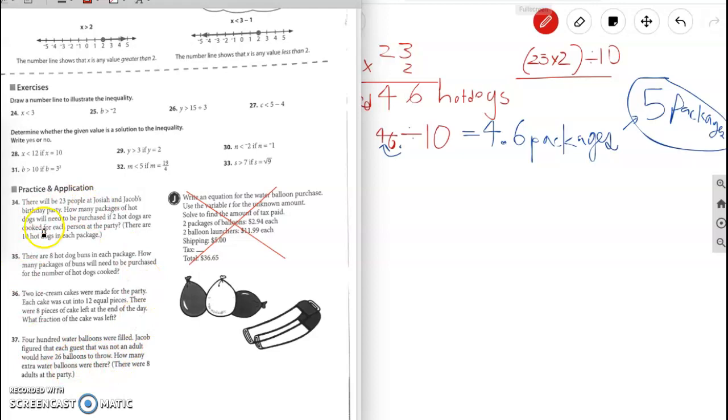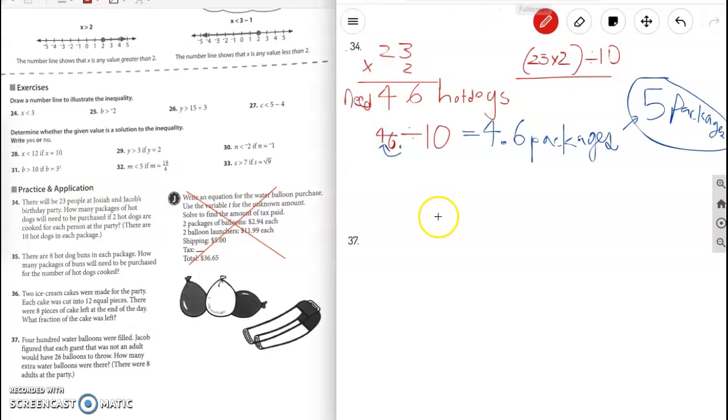Well, you might have noticed that this practice and application kind of tells a story. So look back at number 34. It says there will be 23 people at the party, right? Jacob, same person. Okay, so then there are 23 people at the party. How do we find out the number of kids if we know the number of adults?